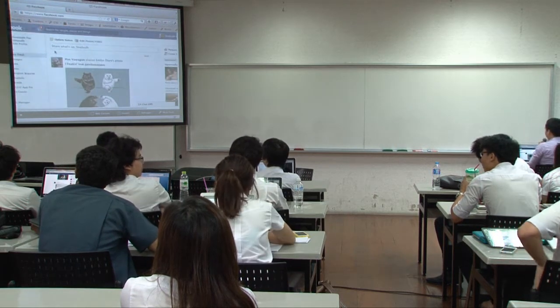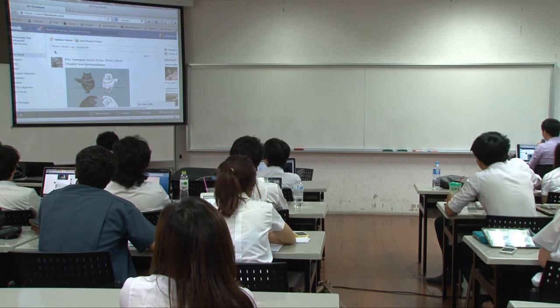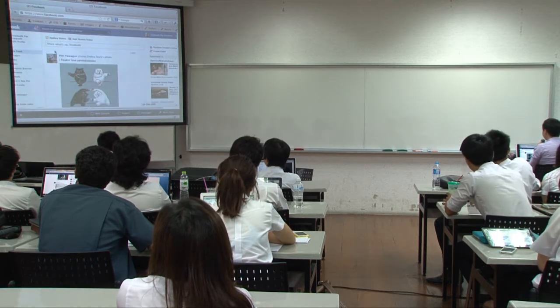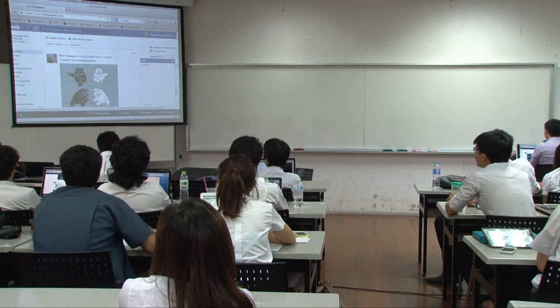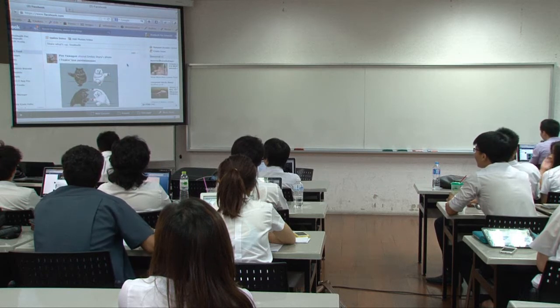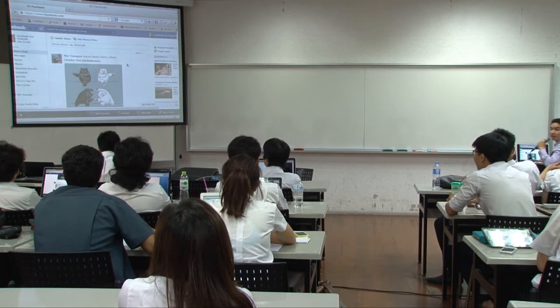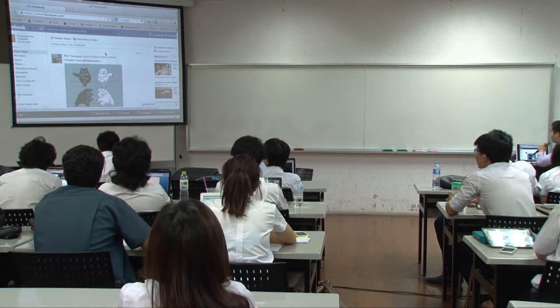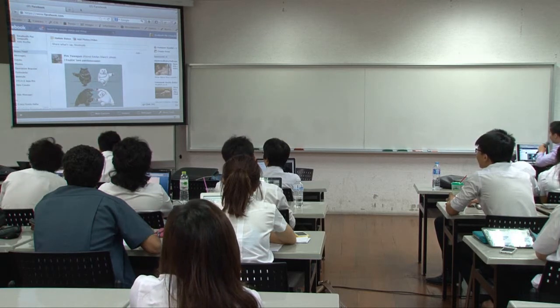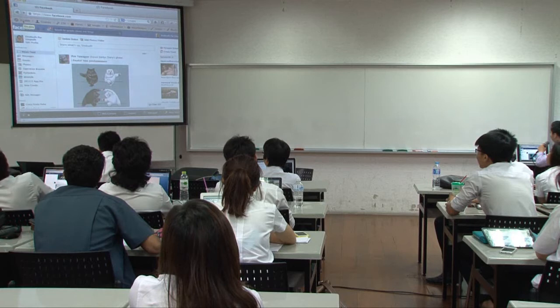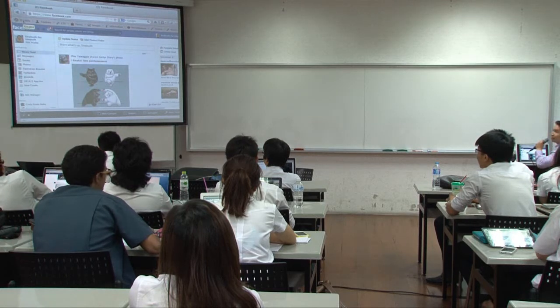All right, so you guys are familiar with this page. This is what Facebook looks like, right? When you use Firefox as your web browser, you can install what I think is called the Web Developer add-on.